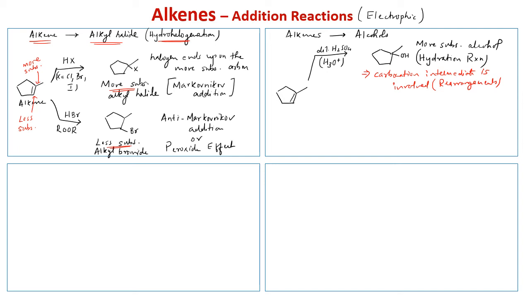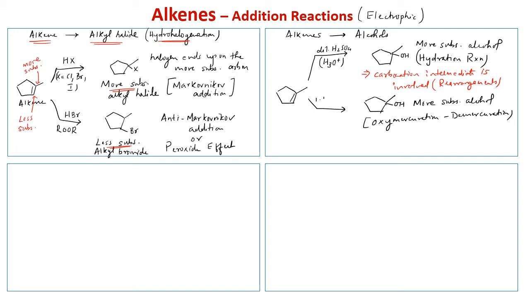A second method of converting an alkene into the more substituted alcohol, the same product we got from a hydration reaction, is an oxymercuration demercuration.